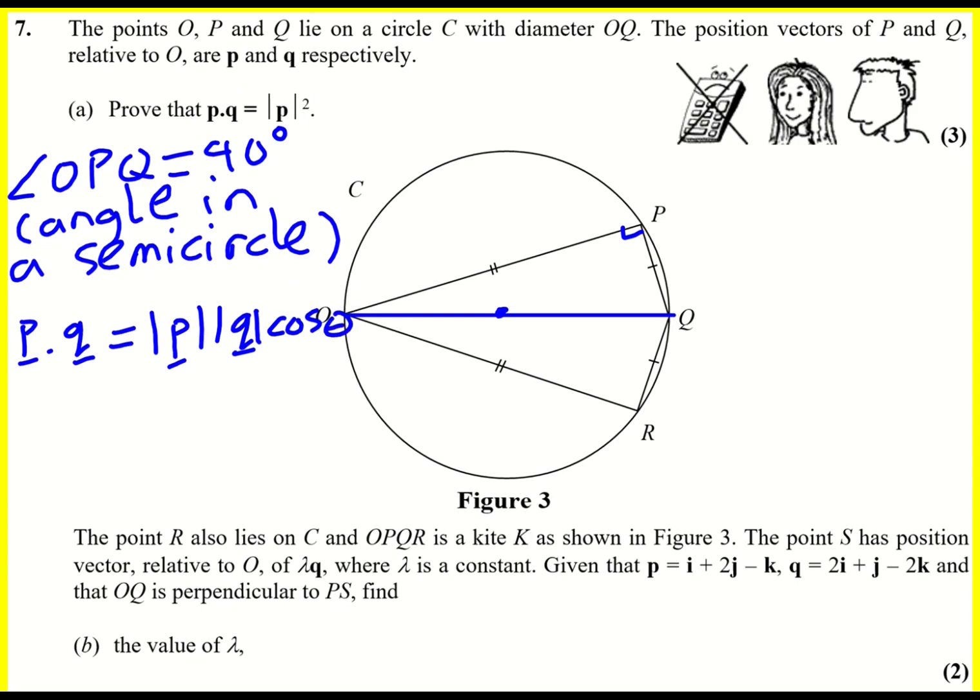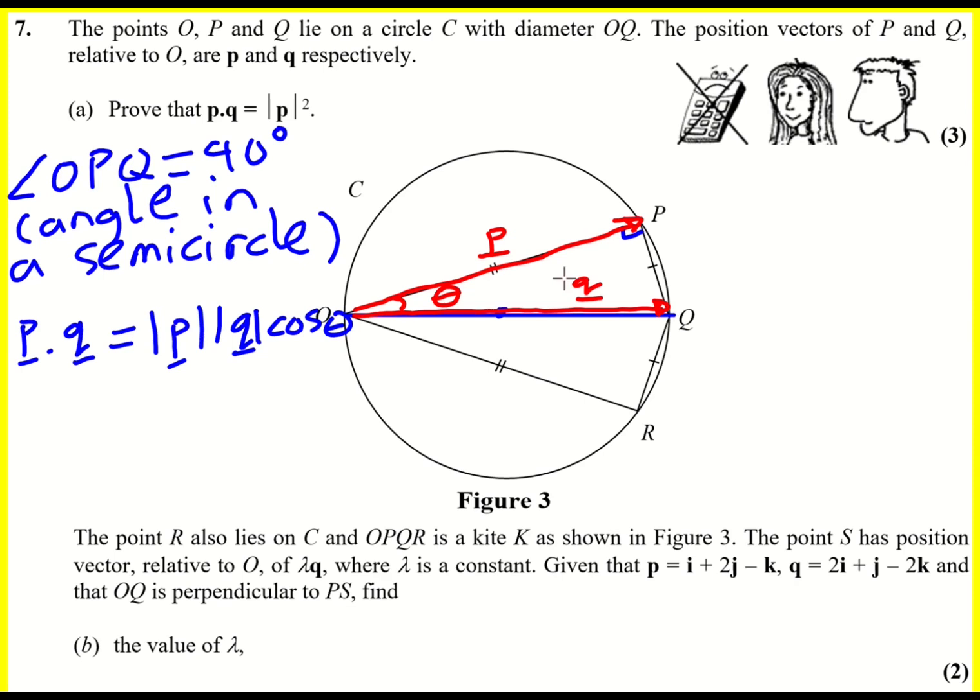And let's just add on the position vectors of P and Q relative to O. So this here is P and this is Q. And that angle is theta.